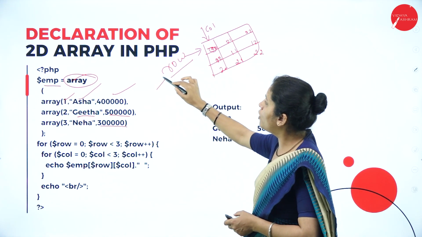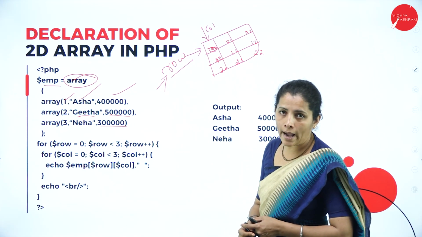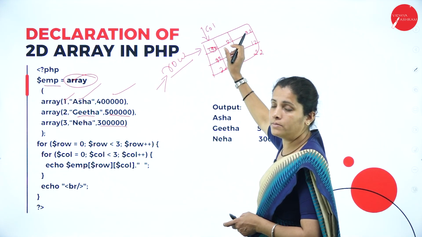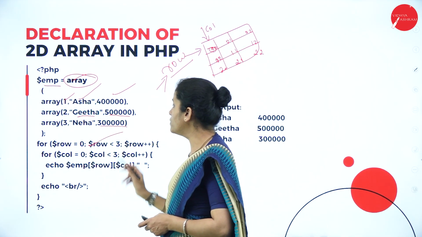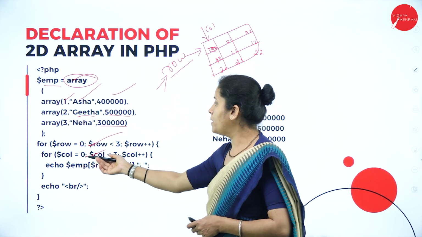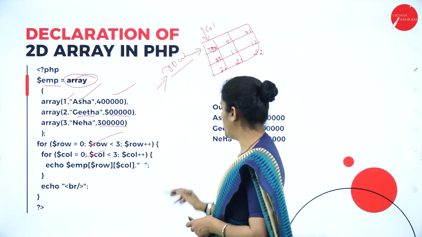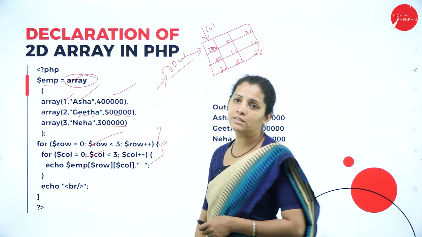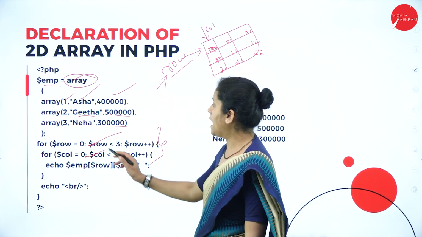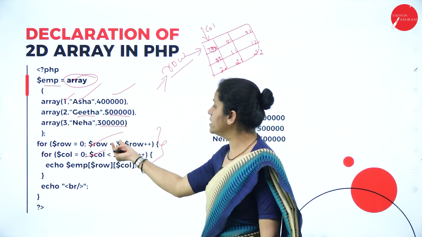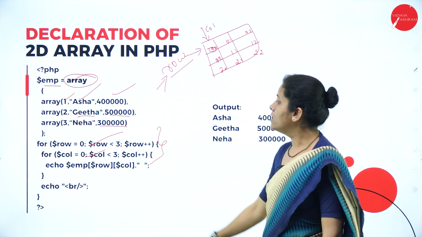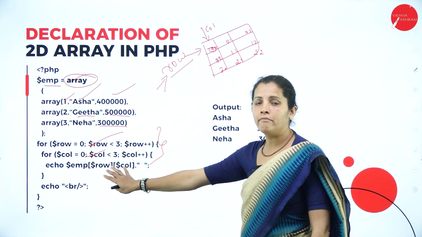My outer for loop is always the row value and my inner for loop is always the column. Inside the first for loop I have the second for loop, and this kind of writing is called a nested for loop. I have 3 rows and 3 columns, and I'm going to print the value.